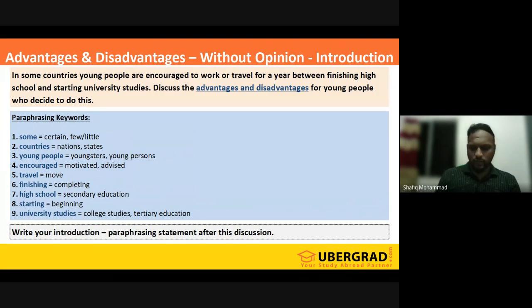So let's see who has typed. In few states, youngsters advised to promote for completing secondary education and beginning tertiary. Okay, so Mahendra has also given the outline of the essay.